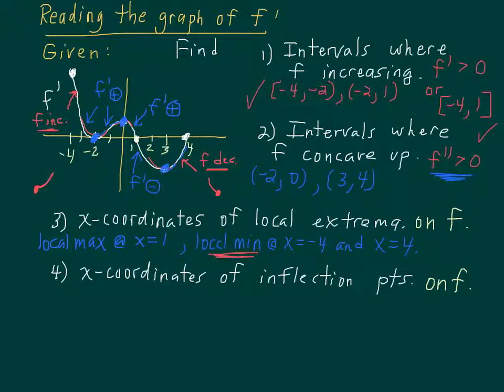So our inflection points. Well, this is where the second derivative is equal to 0 and the second derivative changes sign. Well, given the first derivative, the second derivative is the derivative of the derivative. So where is that equal to 0? Well, that's going to happen where we have tangent line slopes of 0. Okay, so that's going to be these high and low points on this f prime graph. Okay, so that's going to occur when x equals -2, when x equals 0, and when x equals 3.